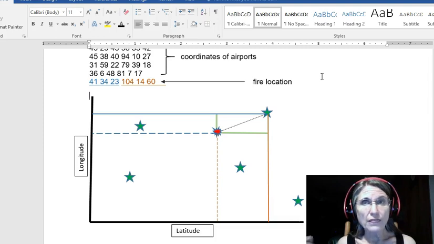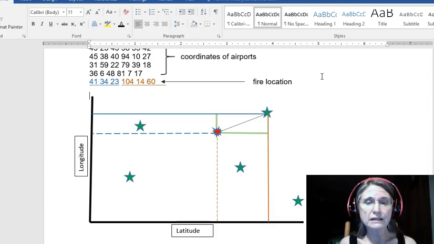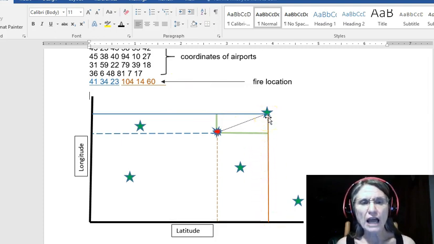So the actual unit of measurement, we have a little bit of flexibility there. So I'm going to give you a hint. Why don't we, instead of having this measurement in degrees, minutes, and seconds, look at the distance as just seconds?